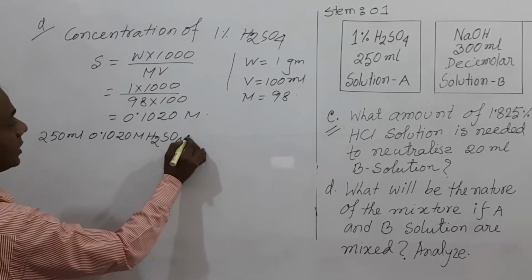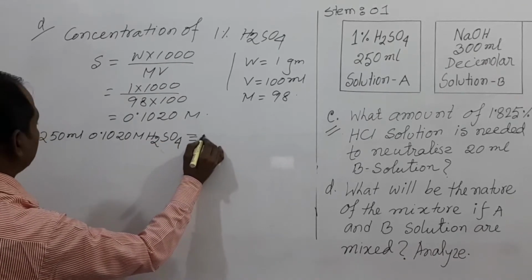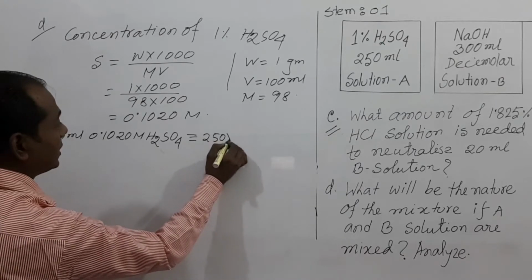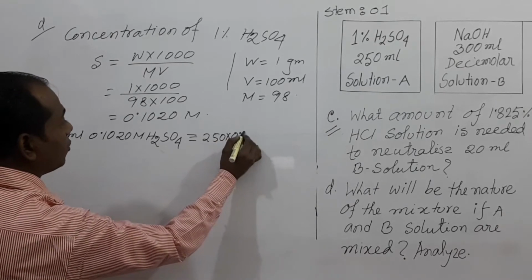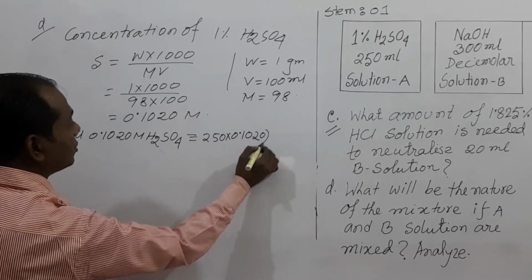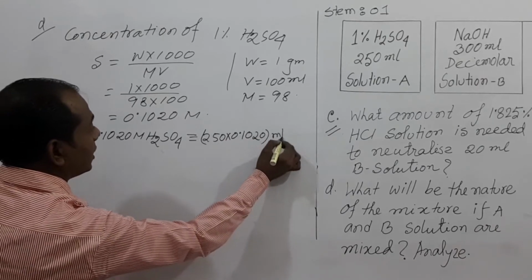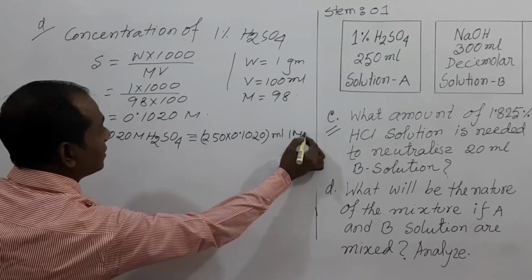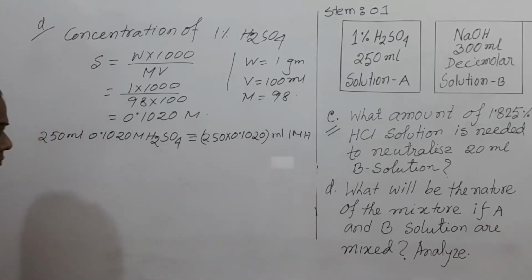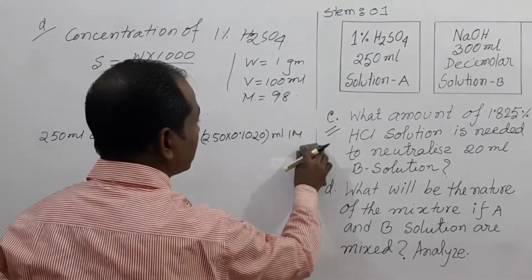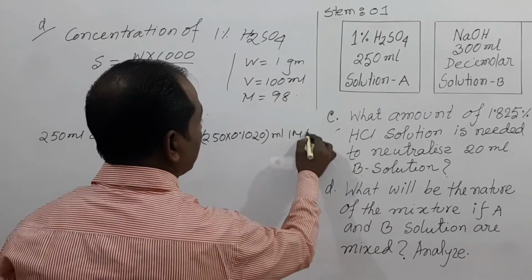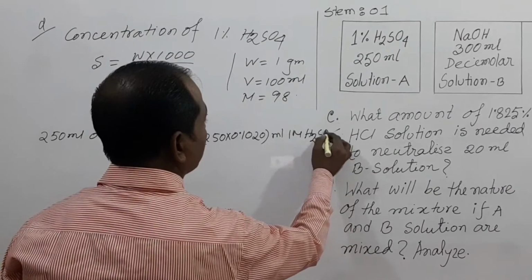Now, my dear students, to convert the concentration into 1 molar, we write 250 ml 0.1020 molar H2SO4 equivalent to 250 into 0.1020 ml 1 molar H2SO4.